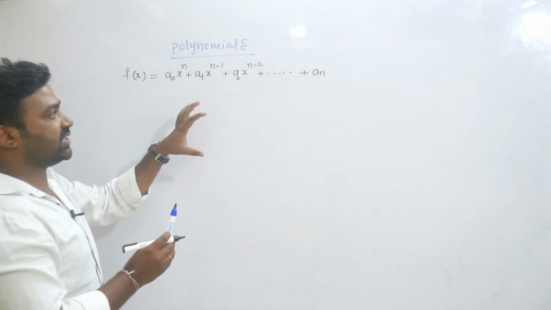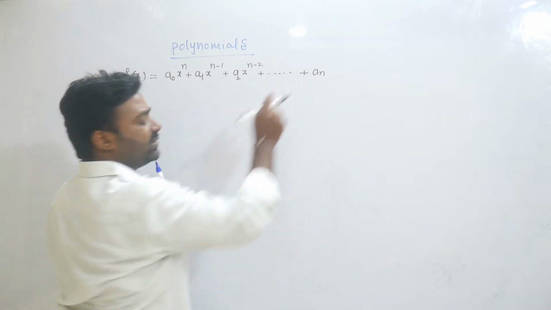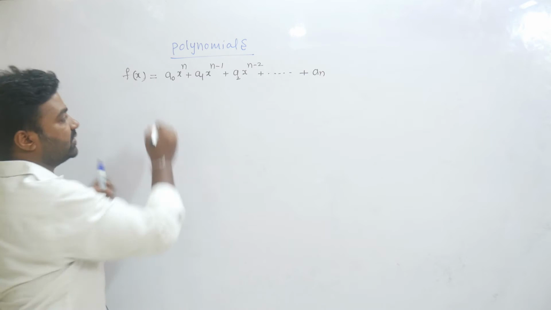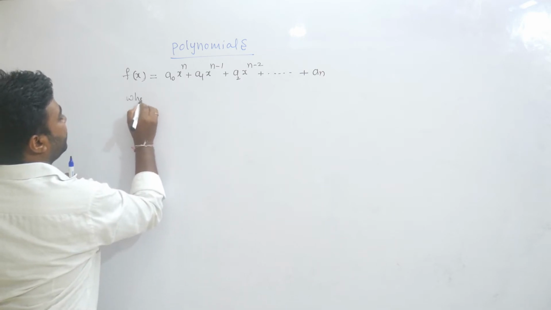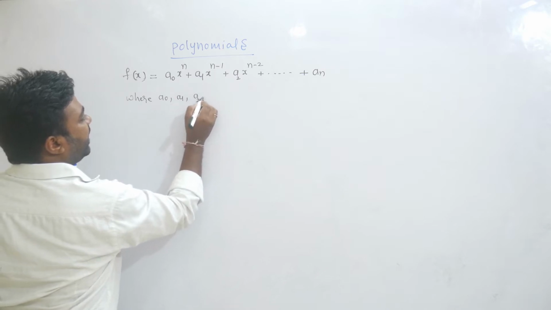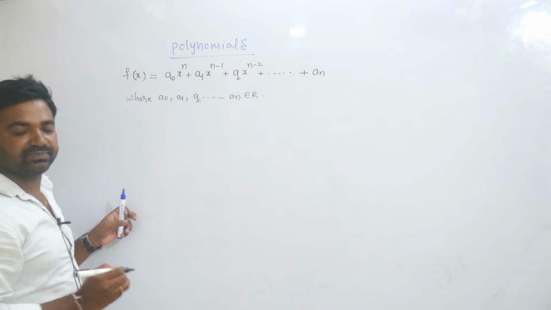In this expression, a0, a1, a2, an are the coefficients. The coefficients are real numbers, where a0, a1, a2 up to so on an belong to real numbers.